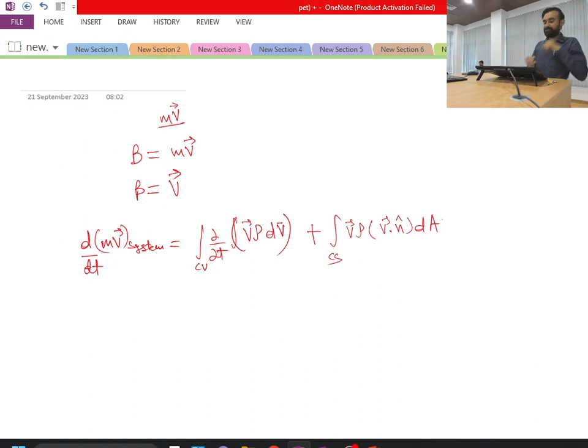Okay, and as we know, the rate of change of momentum of the system is nothing but equal to the net force acting on the system, so this must be equal to F vector.